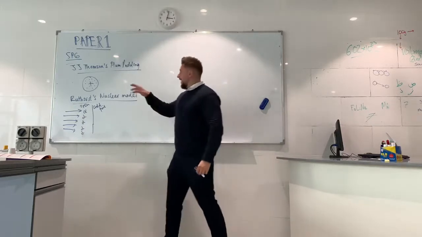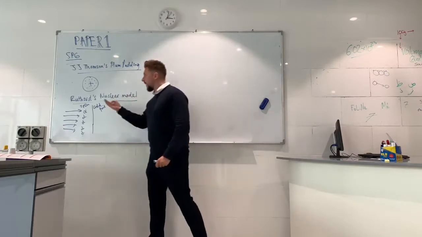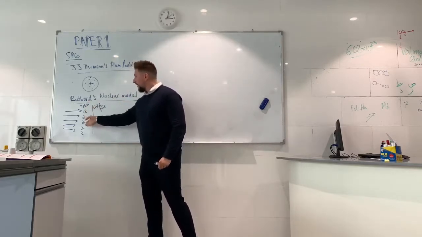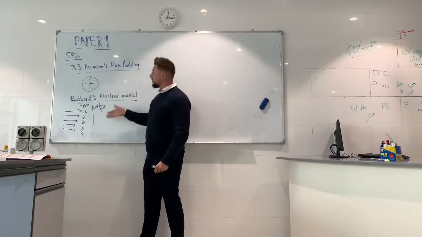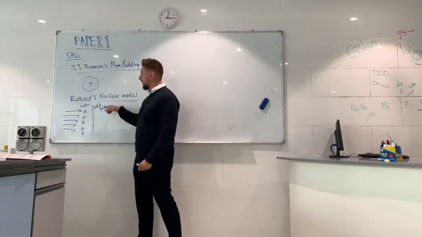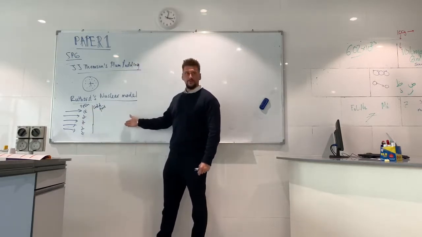If the plum pudding model was to be believed, then the expectation for firing alpha particles at gold foil, which should be made of a wall of those positive spheres with negative electrons dotted around, was that all the alpha particles should pass through.